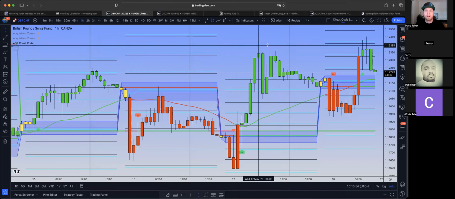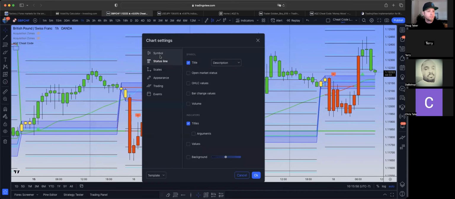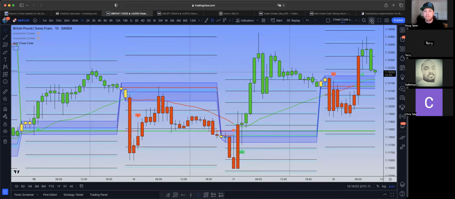Oh, in the background. Okay. You can change your chart background simply by going to the top right. There's a gear setting symbol. Are you on a smart device or a desktop computer? I'm on my desktop.